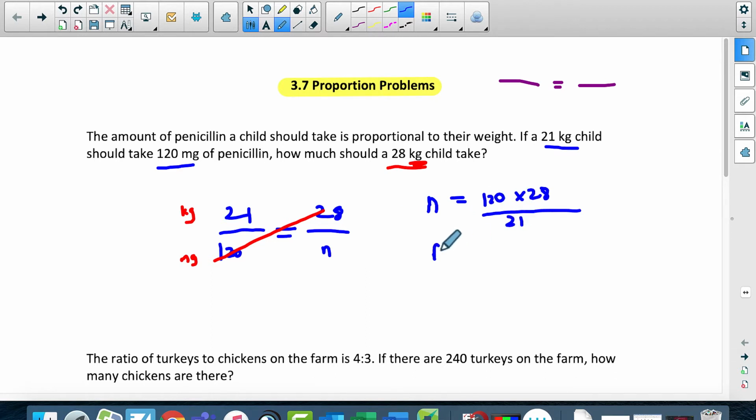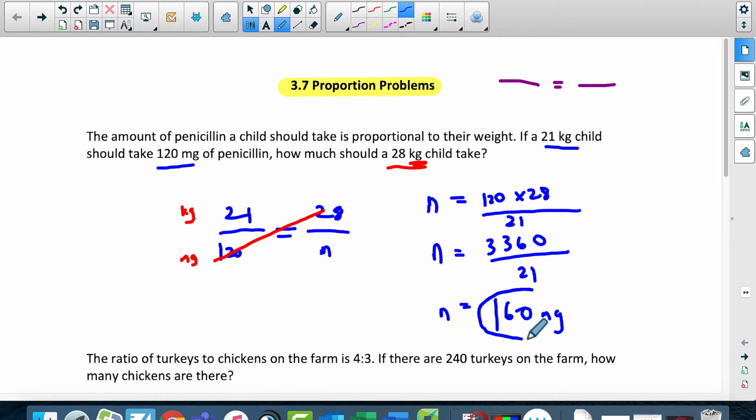So you take your calculator, 120 times 28 is 3,360, and you have to divide that by 21, and if you do that, you'll get the answer 160. 160 what? Well, the number ends up down here, and that was milligrams. So you get 160 milligrams. I don't even know if I'm going to try circling this because it's going to take half an hour. There we go. Okay, that's the way you solve proportion problems.